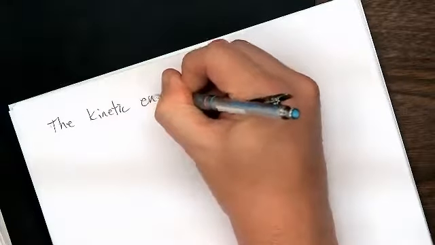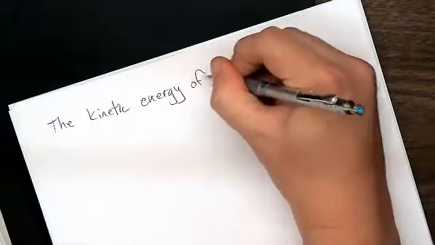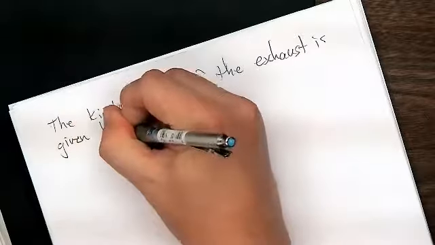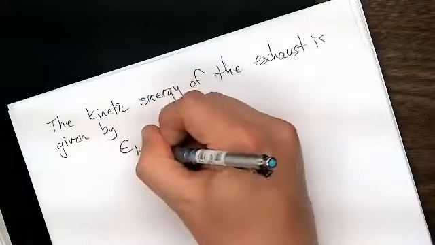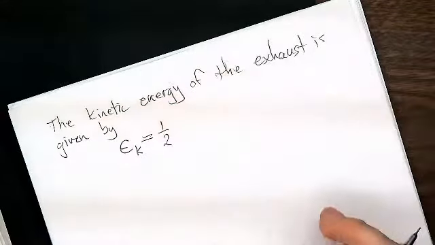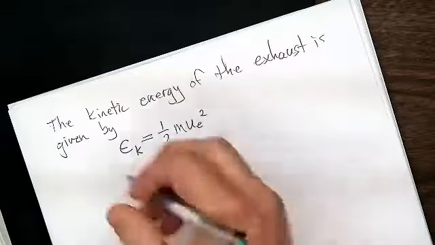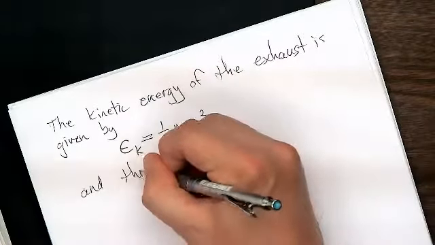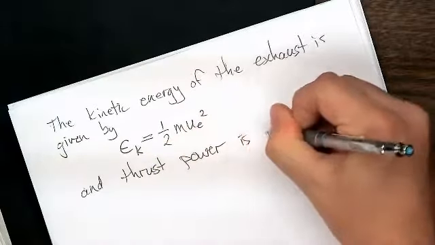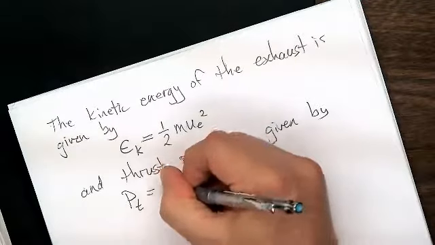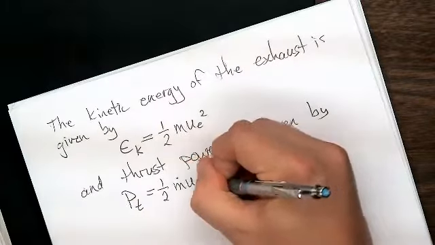If we look at the kinetic energy in the exhaust of a rocket motor, that is given by epsilon sub k for kinetic energy is equal to 1/2 times the mass times the exit velocity squared, and the thrust power is then given by, call it P sub t, is equal to 1/2 times m dot times the exit velocity squared.